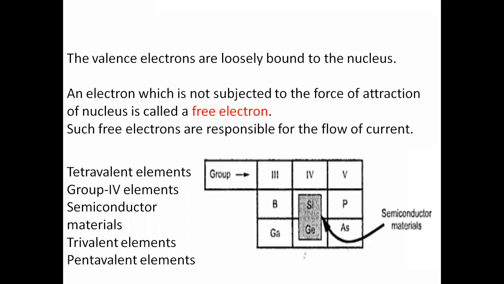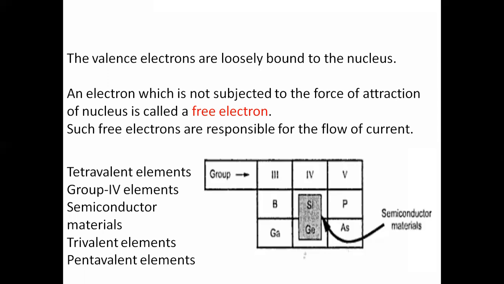That's why even at room temperature they conduct electricity easily. Whereas for insulators, there are no free electrons to move. That's why insulators are electrically not conductive.